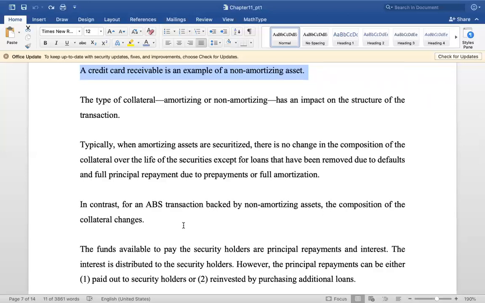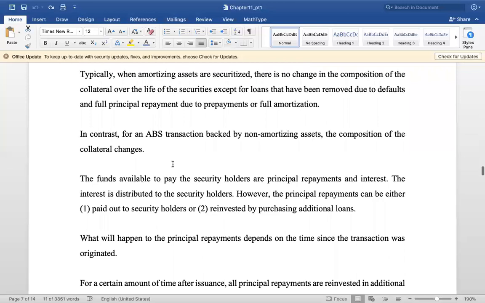Typically, when amortizing assets are securitized, there is no change in the composition of collateral over the life of the securities, except for loans that have been removed due to defaults or full principal repayments. In contrast, in an ABS transaction backed by non-amortized assets, the composition of collateral changes during the life of the ABS security.